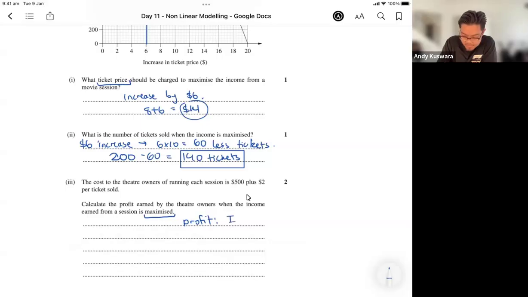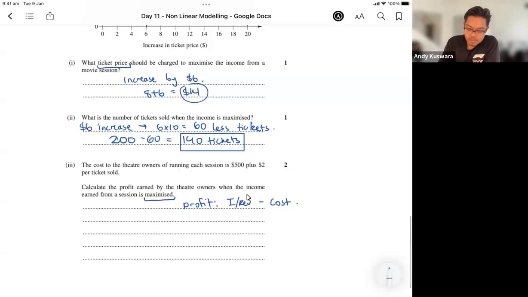Profit is always the income or revenue minus the cost. Let's talk about the income, or revenue. We said that there were 140 tickets selling for $14 each. If I calculate that, 140 times 14 gives me $1,960.